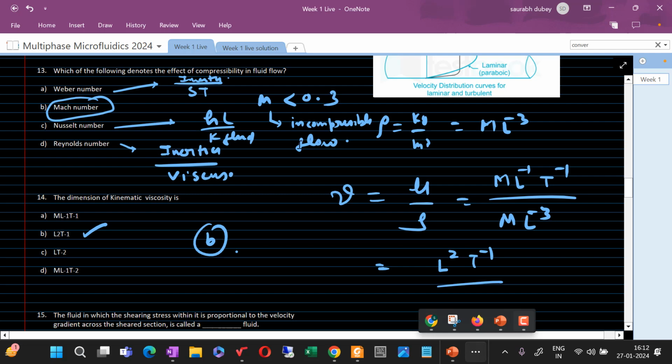If it is very small, then we consider the fluid to be incompressible. But for the flow to be incompressible, this condition has to be satisfied: the Mach number has to be less than 0.3, and this is governed by the ratio of the velocity of the particle to the sound velocity.